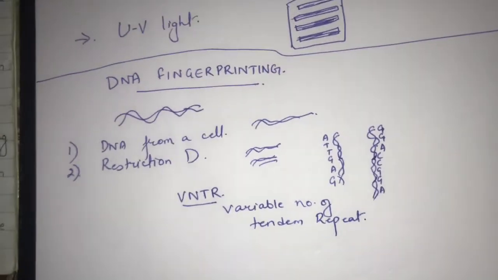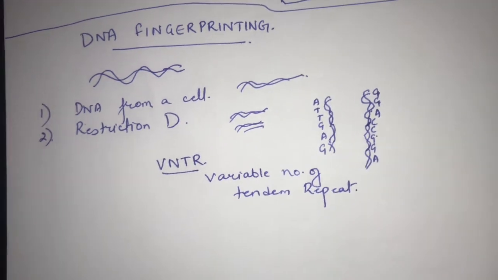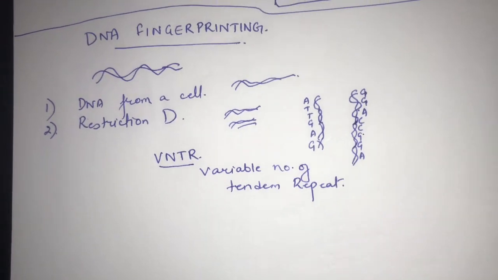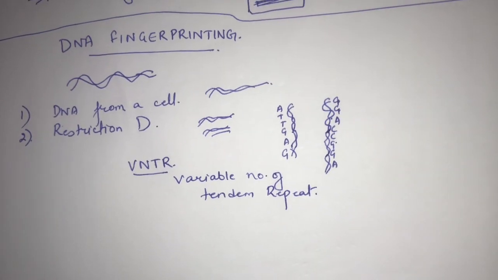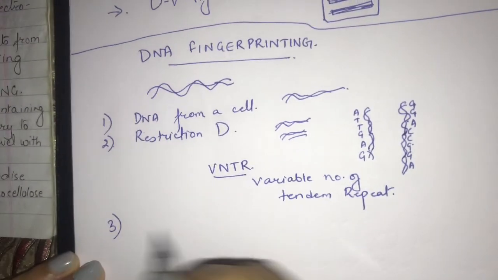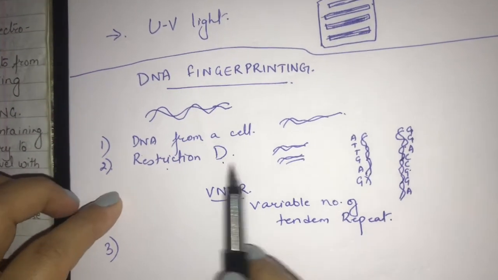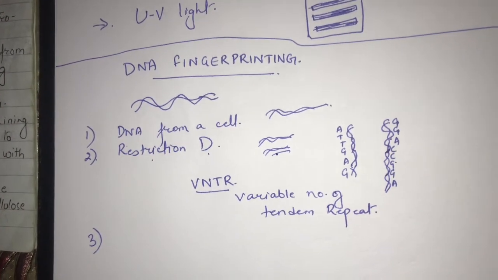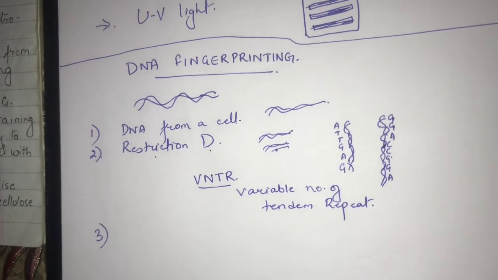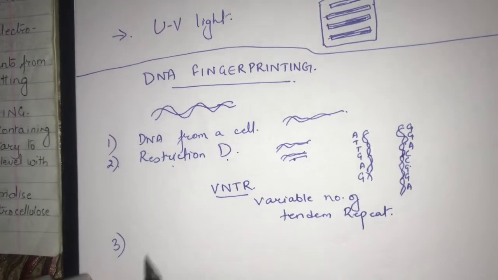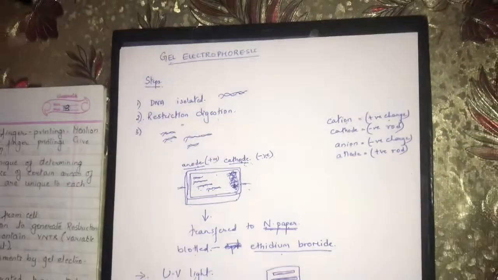So, restriction digestion to generate restriction fragments. These restriction fragments contain variable number of tandem repeat. Now, number 3 is to separate the fragments. We need to separate different sized fragments, because after restriction digestion the fragments can be of different sizes. How can we separate them? Through gel electrophoresis.